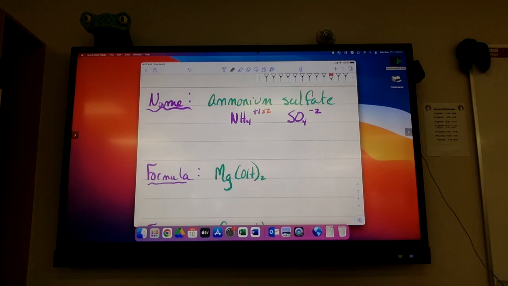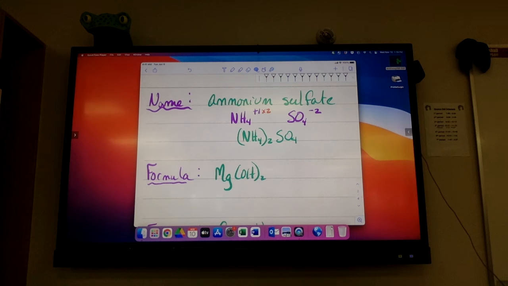So when that happens, you end up with NH4, but it's got to be doubled up. Parentheses 2. And then sulfate is SO4, just plain. Please be careful on Friday's quiz to not do that. Don't leave a space between them. They need to be written together, because that's how you show they're bonded, exactly.